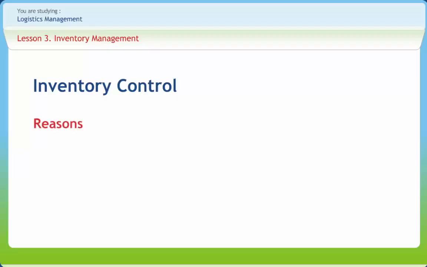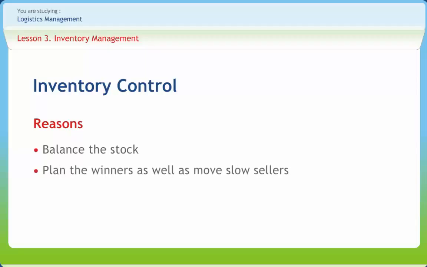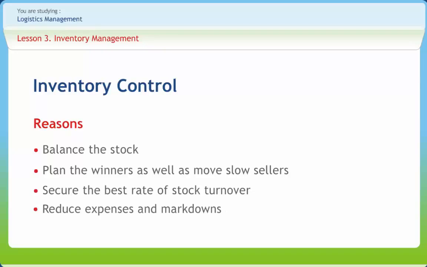The reasons for inventory control are that it helps balance the stock as to value, size, color, style, and price line in proportion to demand or sales trends, plan the winners as well as move slow sellers, secure the best rate of stock turnover for each item, reduce expenses and markdowns, and maintain a business reputation for always having new, fresh merchandise in wanted sizes and colors.